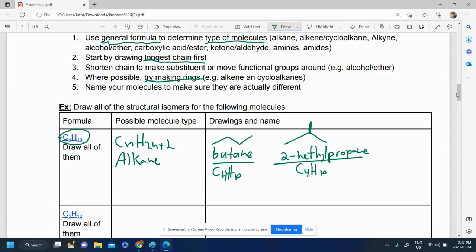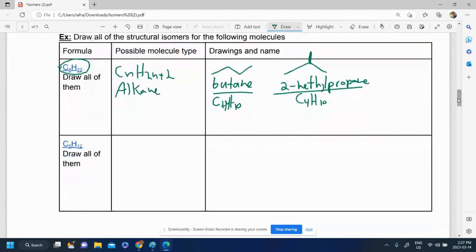Okay. Next, we're going to try C5H12. So we're going to draw all the isomers of C5H12. Notice that C5H12 also follows the CnH2n plus 2. In other words, it's also an alkane. And I'll start off by doing just the regular plain parent chain with no substituents first.